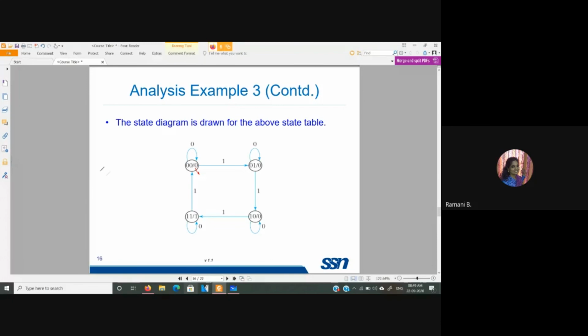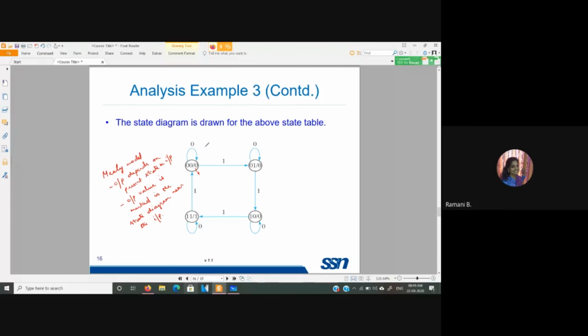In case of the Mealy model, the output depends on the present state and input, so you write the output value in the state diagram near the input.